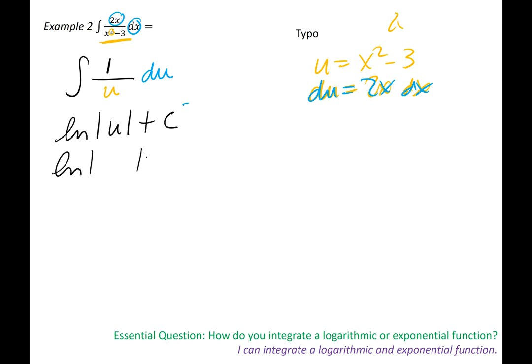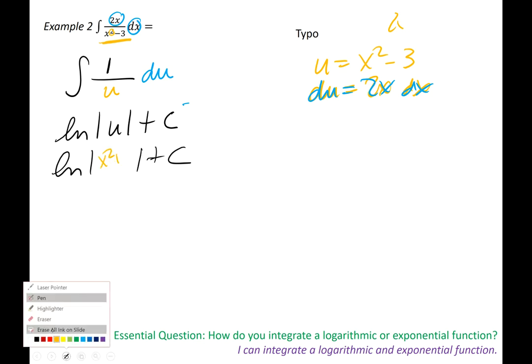Then I'm going to substitute back in for the u. So I substitute back in the x squared minus 3.